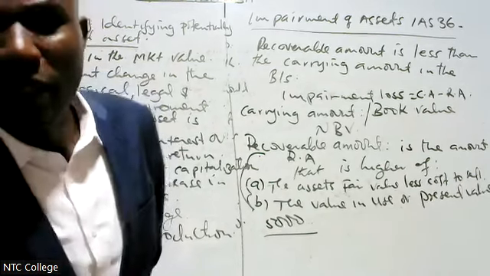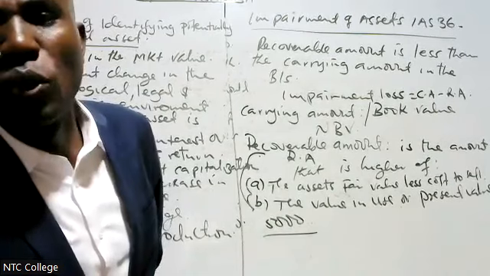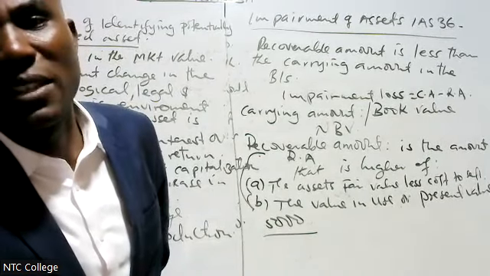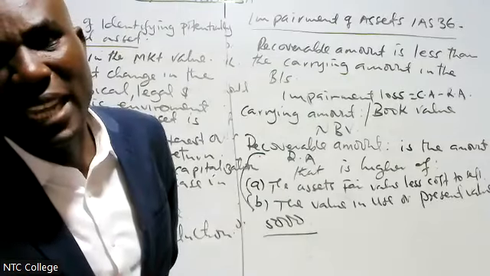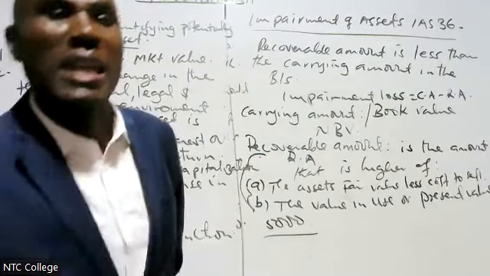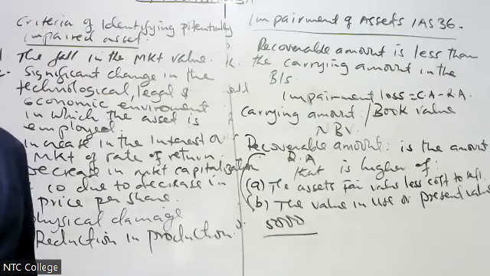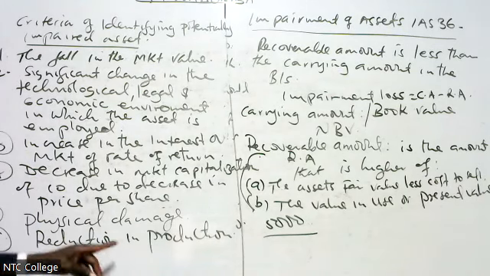But today, even if you do whatever, you cannot even produce 600 units in a day. Then what does it mean? It means that your asset is now towards its end. It's impaired. Therefore, reduction in production will just show you that your asset is impaired.